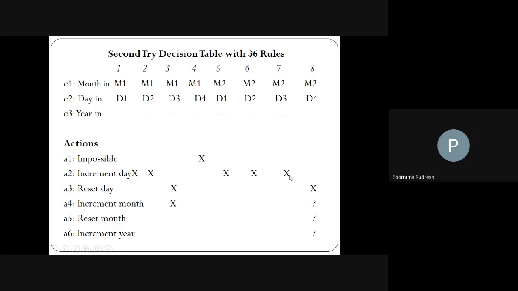Next one is M2 with D4, the month which consists of 31 days. If you consider the example of January or March, those months consist of 31 days, and D4 is set to 31. So if we give the valid input January 31st, the program is going to compute the next day. So what will be the next day?